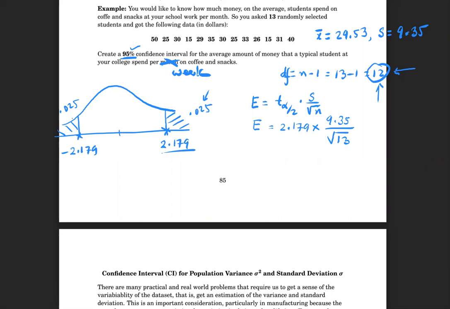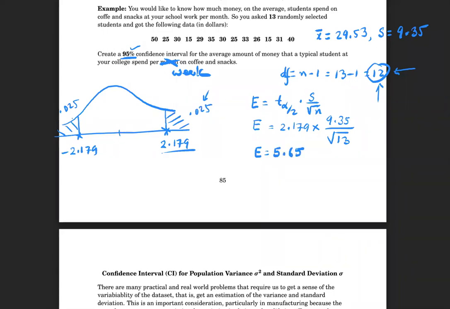And if you do the math, you should get the following: 2.179 times 9.35, divided by square root of 13, to the power 0.5, is going to give you 5.65. Margin of error is 5.65.